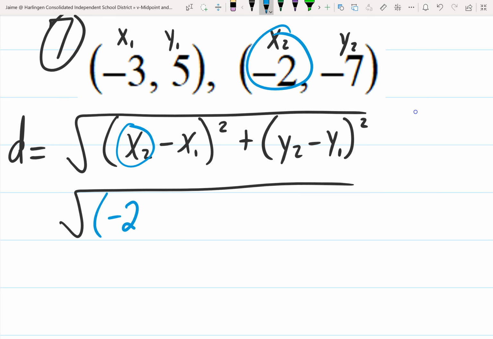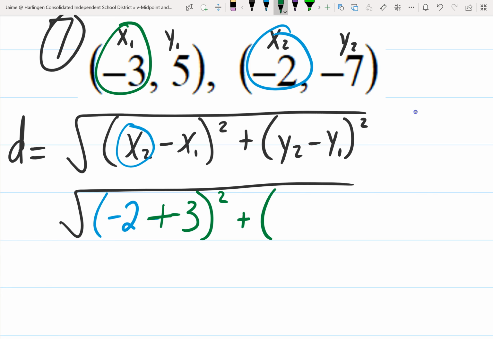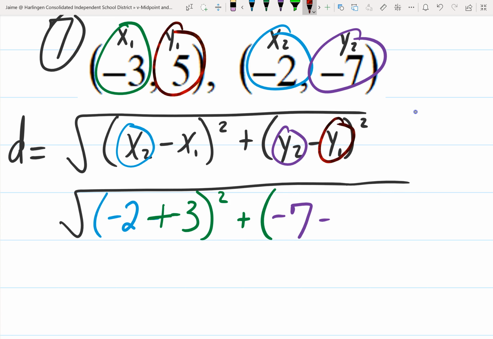Parentheses, -2. Put a minus sign because that's the formula. Now x1 is a -3. Remember, 2 minuses equal a plus sign. Now there's a plus sign here for the formula. Now we need y2, -7. Put the minus sign for the formula. And then we need y1, that's 5 squared. Put that in the calculator and you're done. Gives you the answer.